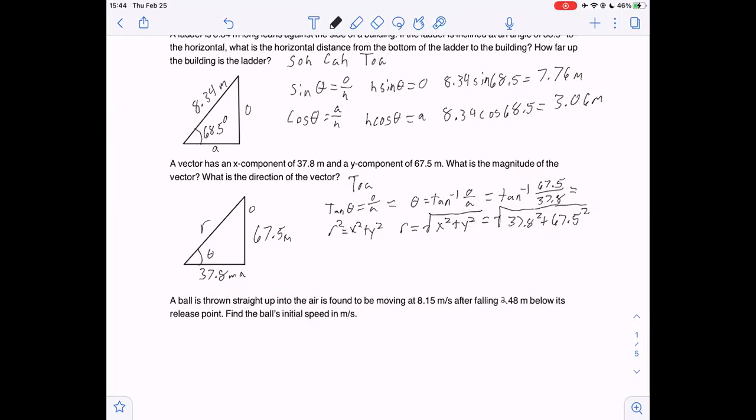Yep. 60.8 degrees. And our r is what? 77.4 meters. Easy enough. Any questions so far?